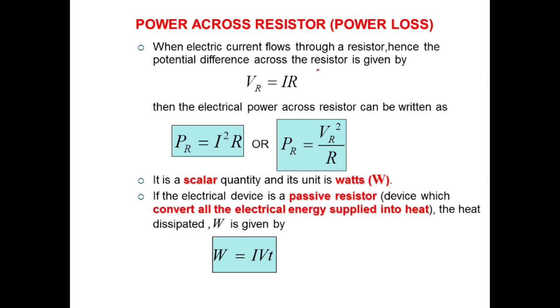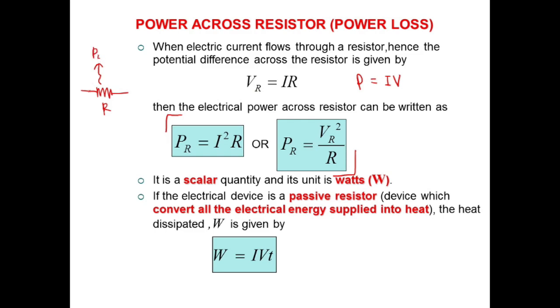Next, we want to understand the power across a resistor, known as power loss. In this slide, there are two different formulas related to power equal to IV. How do we use these two formulas? They measure specifically the power loss into heat across a resistor.